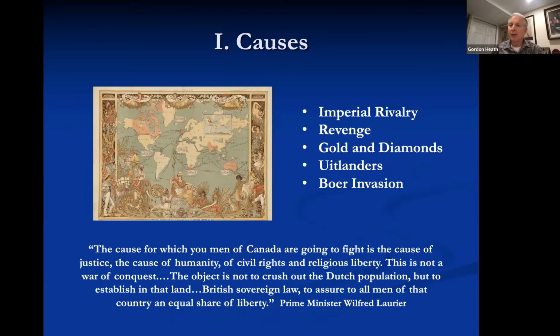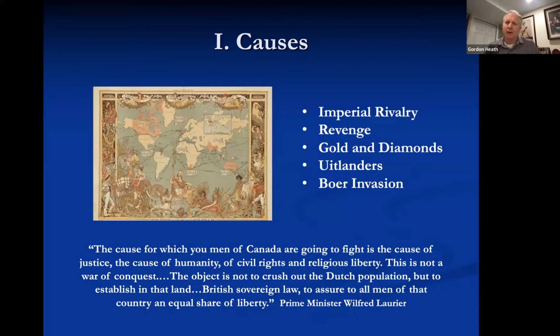Gold and diamonds were discovered in the Transvaal and Orange Free State, and that gives a very significant economic motive for going after the Dutch. And the gold and diamonds brought in great wealth into these two Boer republics, but that meant that it was a very appealing target for the British to go after.